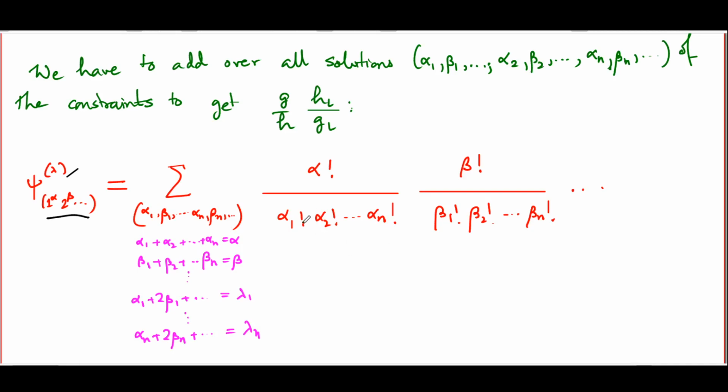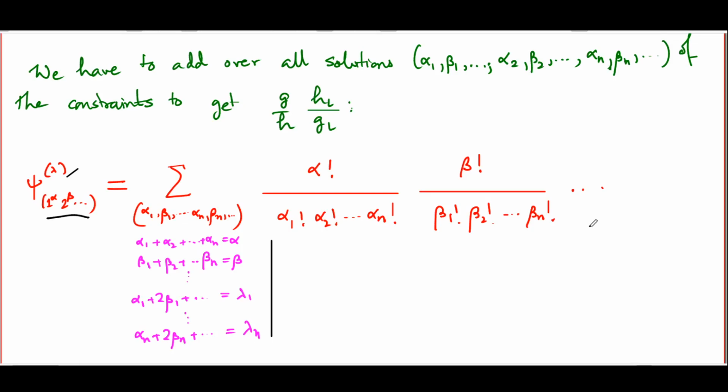It is the sum over all solutions alpha 1, beta 1, alpha and beta n of these constraint equations of this quantity alpha factorial divided by alpha 1 factorial, alpha 2 factorial up to alpha n factorial, beta factorial divided by beta 1 factorial, beta 2 factorial up to beta n factorial, and other such terms. So what we have done is we have actually managed to reduce the Frobenius formula into a sort of closed form expression.